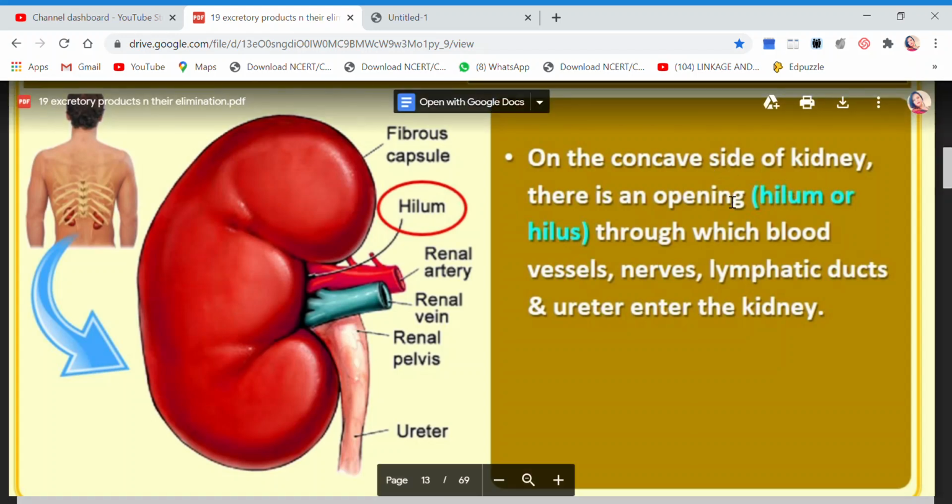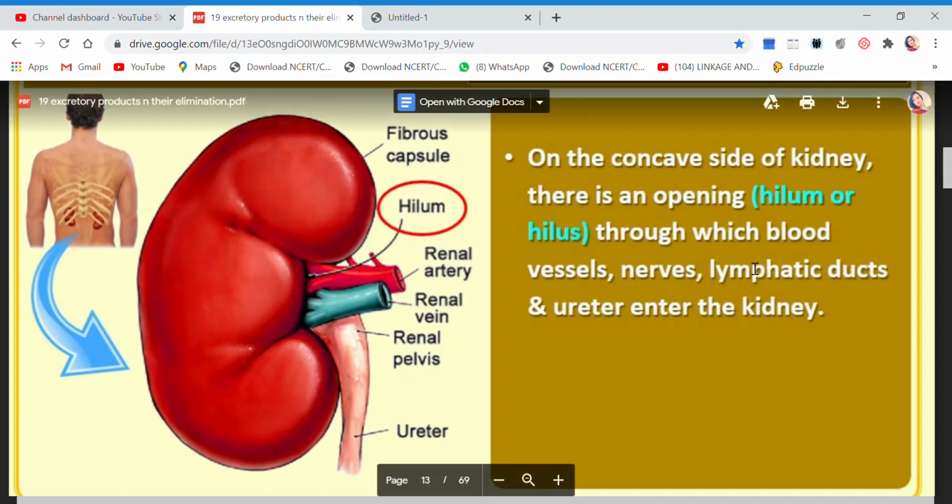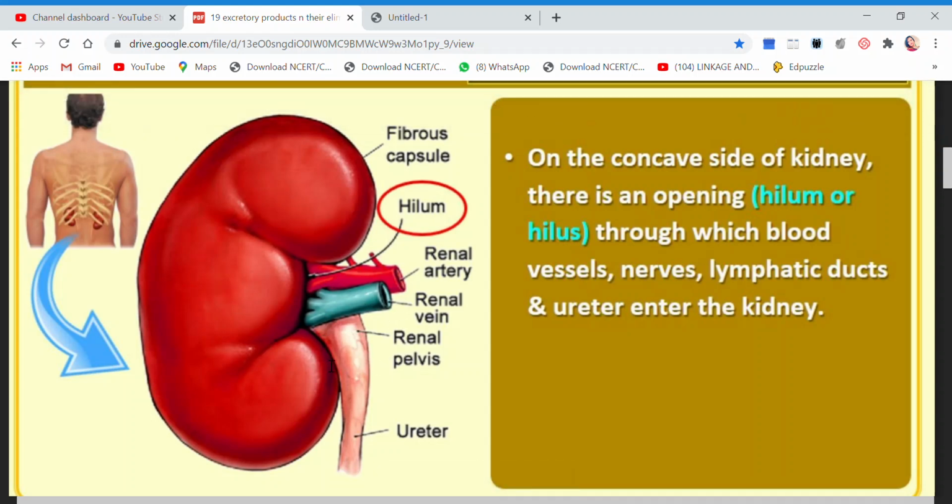Now children, this is the hilum. The concave side of the kidney has a notch. I told you already about the hilum part, and through this notch various blood vessels, nerves and the ureters enter the kidney. Renal artery, children, brings oxygenated blood to the kidney.